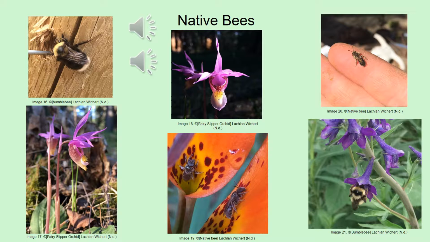Now, part of what makes native bees special is some of them have very specific relationships with particular native plants. For example, the calypso orchid, Calypso bulbosa, or the fairy slipper orchid, needs to be pollinated by queen bumblebees in the early spring.